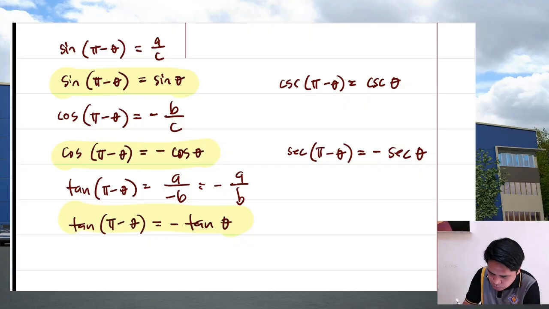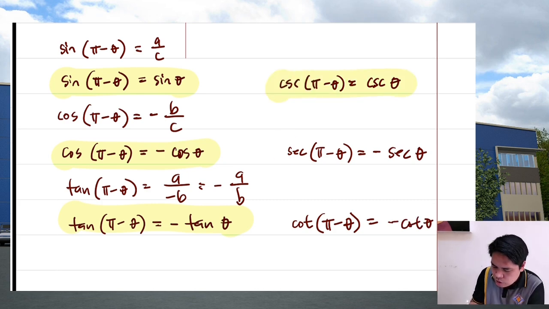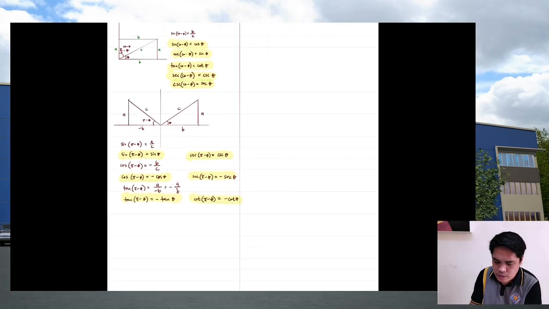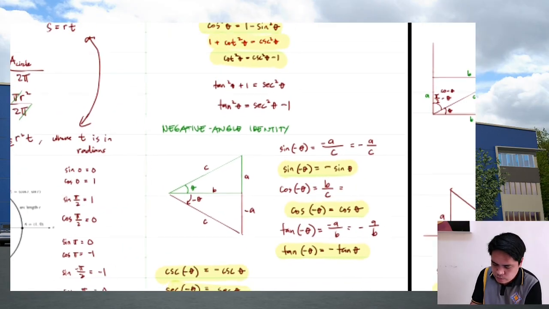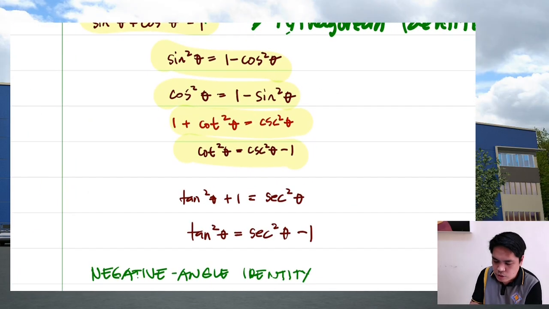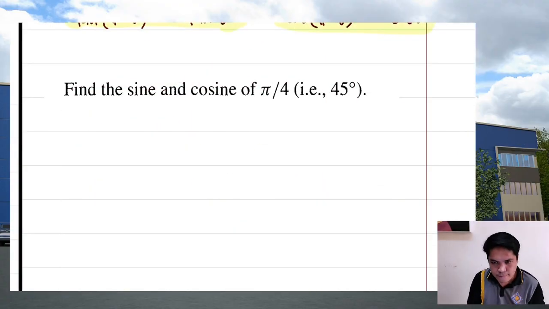And the reciprocal of tangent is cotangent of pi minus theta, so that means it's negative cotangent theta. So again, you have these all to memorize. So that's it. Okay, I hope you now start memorizing these formulas, identities. Now let's try some problems.